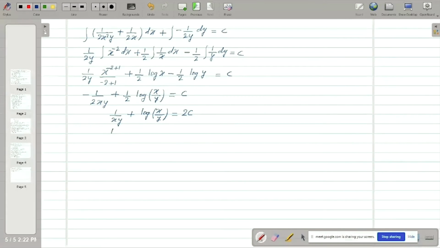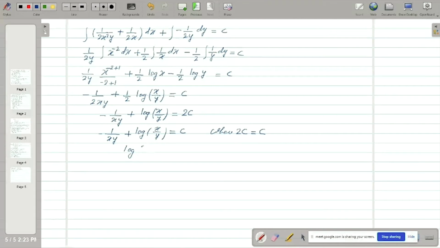So we are replacing that 2c with another c. Negative sign over here, minus 1 upon xy. So this we will take another c, that is big C, where 2c equals big C. Okay, so we are shifting this on that side.